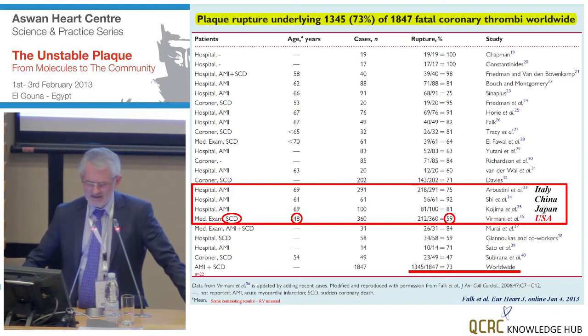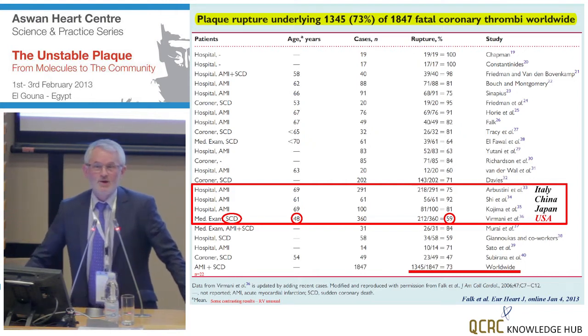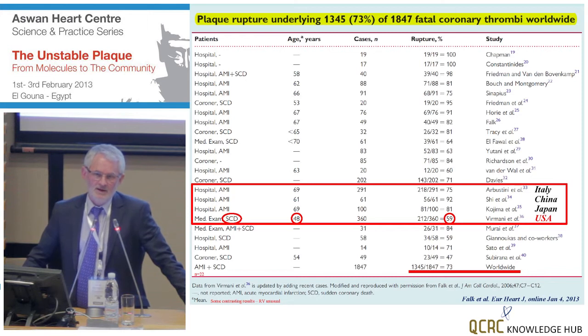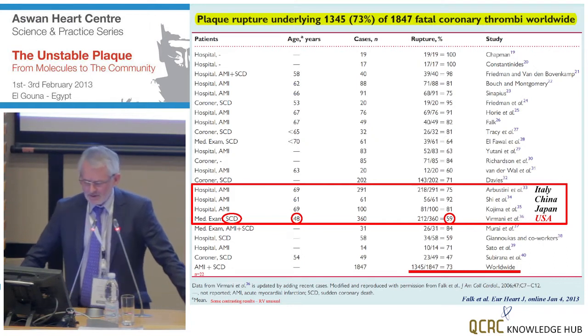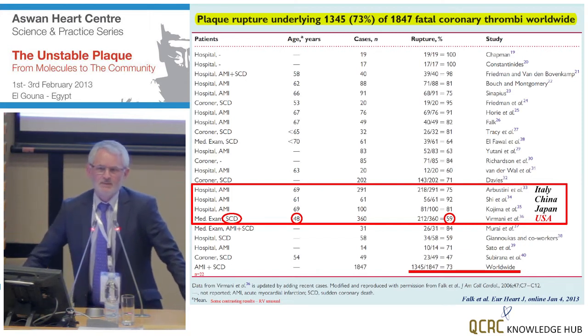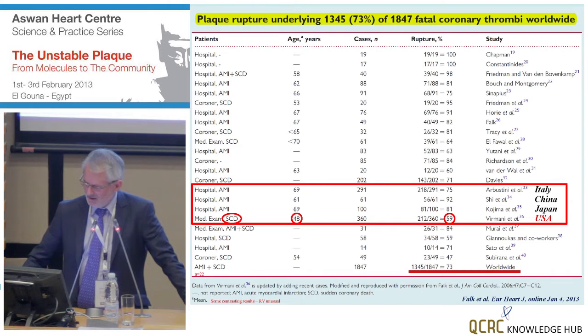But you can also see that the mean age was lower than in any of the other autopsy studies. And we can also see it was medical examiner cases, so it was thrombi giving rise to sudden coronary death, in contrast to other studies where the thrombi were from cases of myocardial infarction.